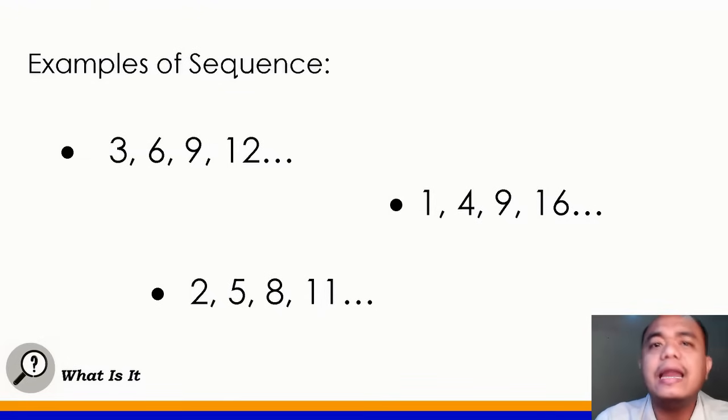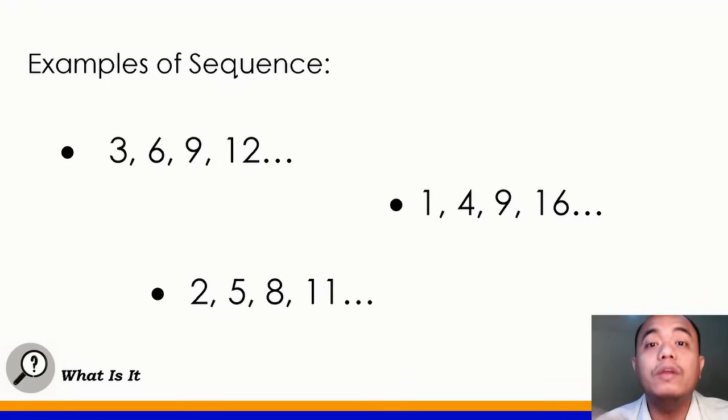So, kinakailangan marunong tayong mag-formulate ng this what we call special rule para malaman natin yung mga susunod na mga numbers sa ibinigay na sequence sa iyo. Or pwede ring para malaman natin kung ano yung mga missing numbers na sa ibinigay na mga sequence.